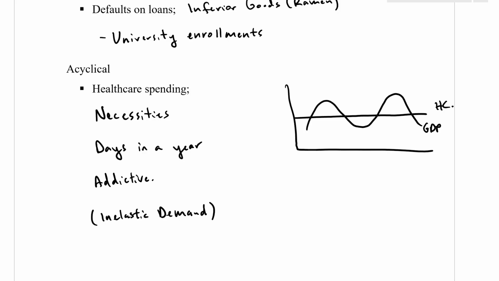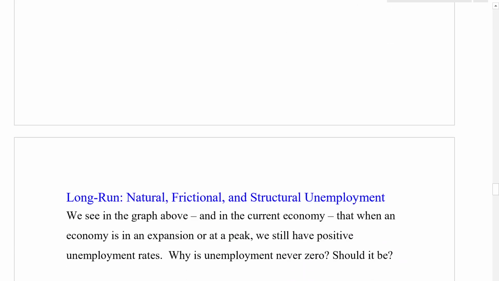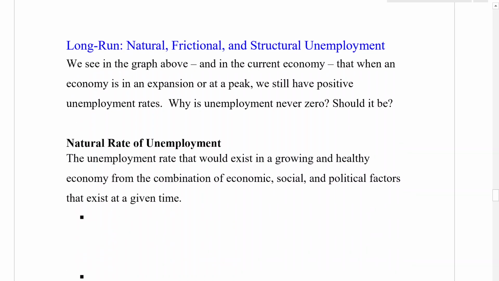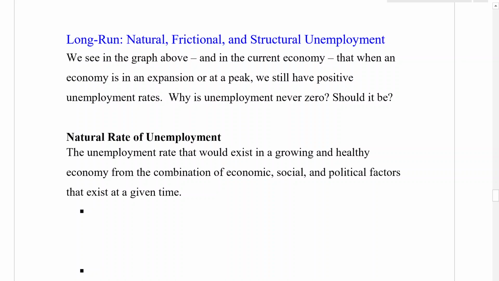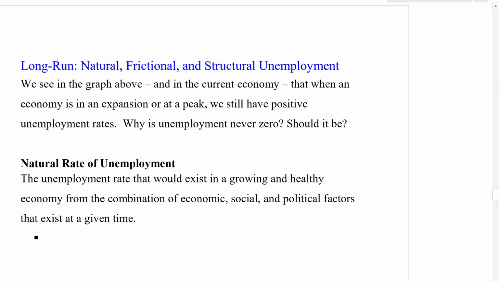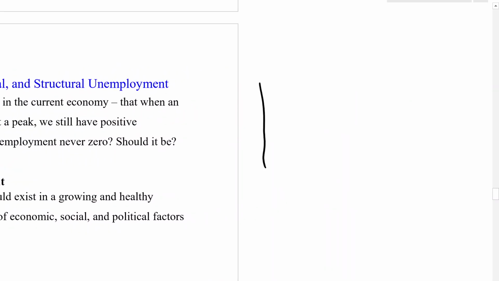And so that's kind of explaining the short-term fluctuations, because we have short-term cycles in the economy, but we can kind of think of some longer-run natural, frictional, structural unemployments. So in the graph above, and that graph was quite far above, basically when the economy is doing bad, unemployment is going up.